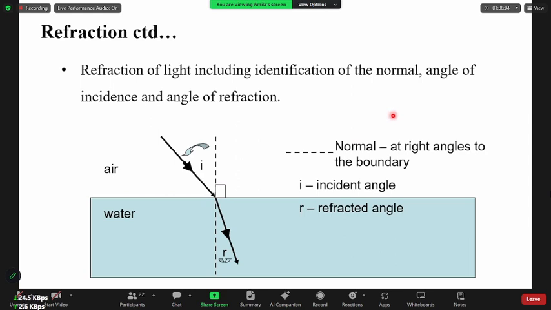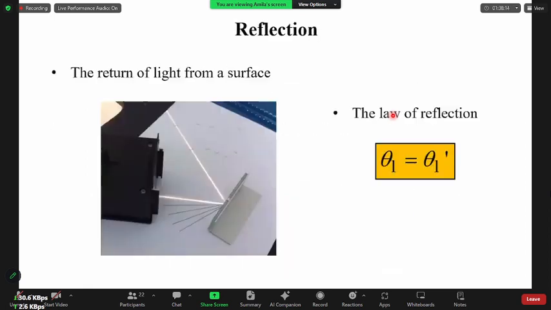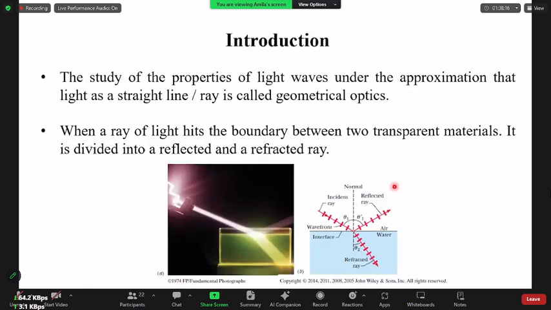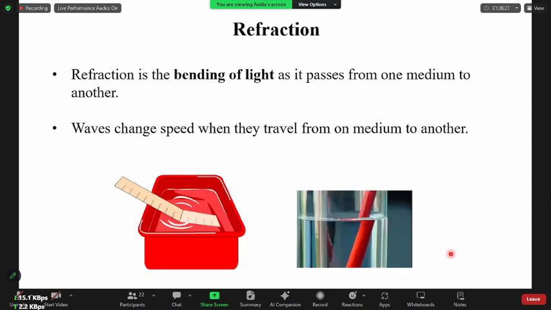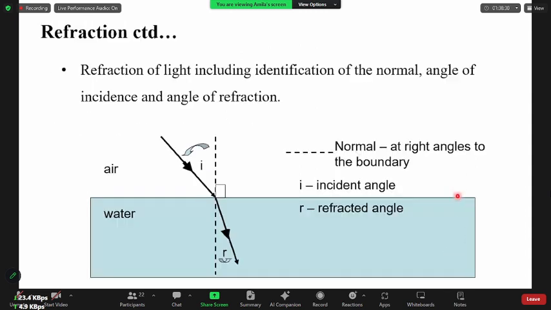So this is the ray diagram relevant to refraction. The previous one is the ray diagram relevant to reflection, though it has a part of refraction as well. So this is the ray diagram for refraction, right?